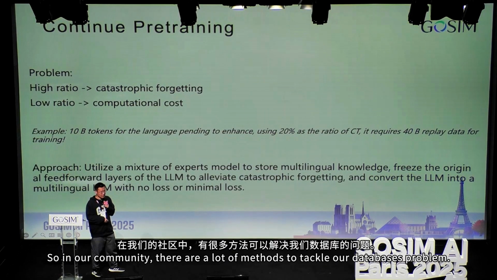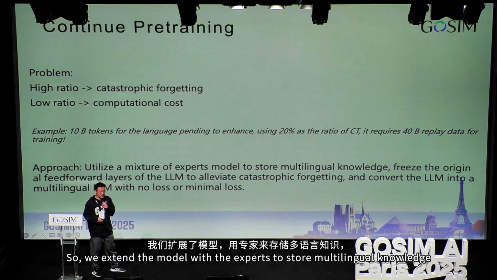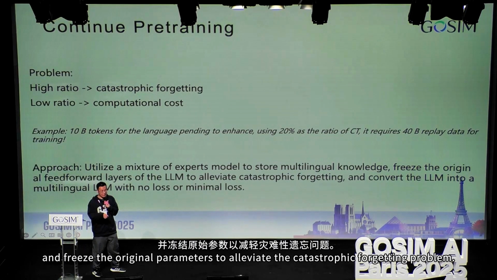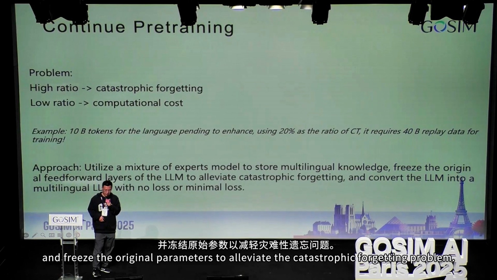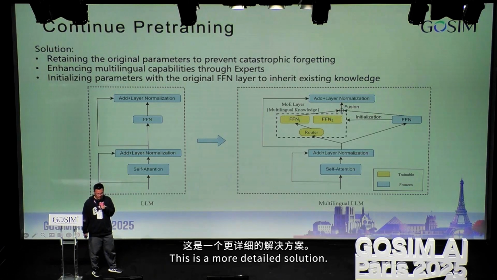So in our community, there are a lot of methods to tackle or alleviate this problem. Here I introduce a method based on a mixture of experts. We extend the model with experts to store multilingual knowledge and freeze the original parameters to alleviate the catastrophic forgetting problem. This is a more detailed solution.